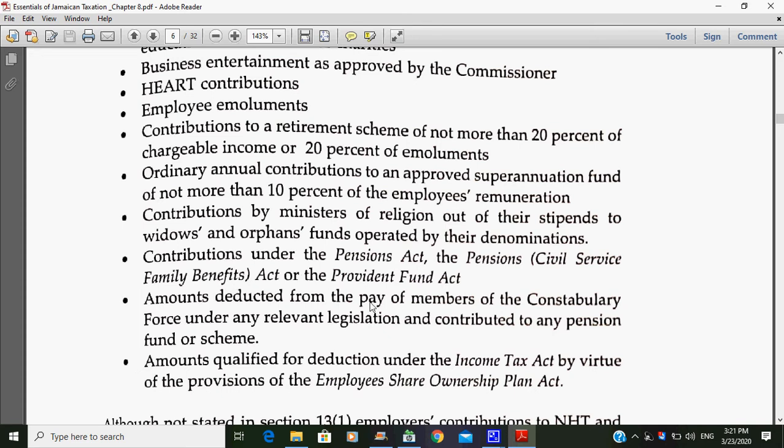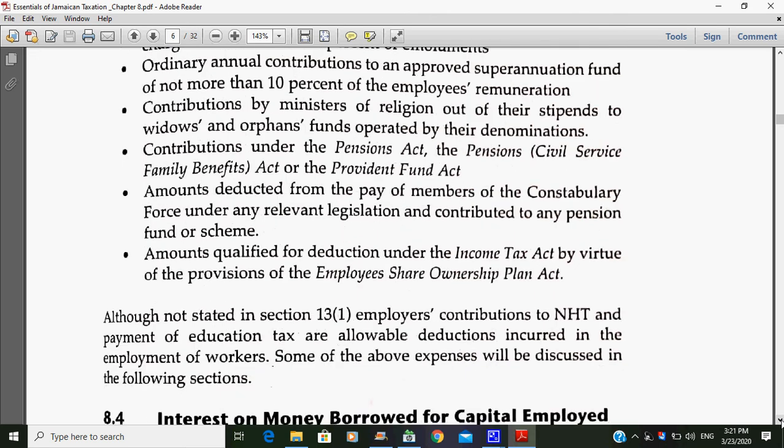Amounts deducted from the pay of members of constabulary force under any relevant legislation and contributed to any pension scheme. Amounts qualified for deduction under the Income Tax Act by virtue of the provisions of the Employees Share Ownership Plan Act.